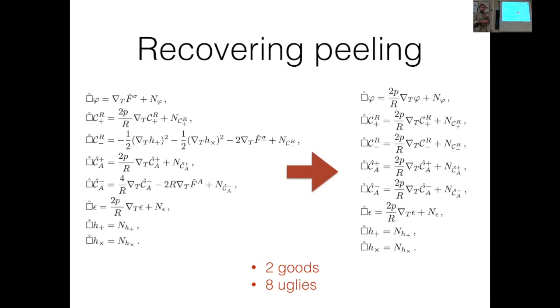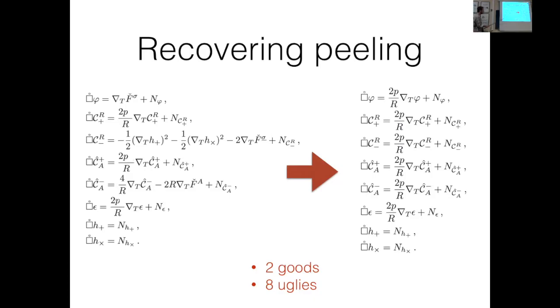As it turns out, you can do that with the 4 constraints and the 4 gauge source functions. You can turn a total of 8 out of 10 equations into uglies of this very special kind, and the 2 remaining ones are the H plus and H cross, which are naturally goods. They were goods before, and they're goods now.